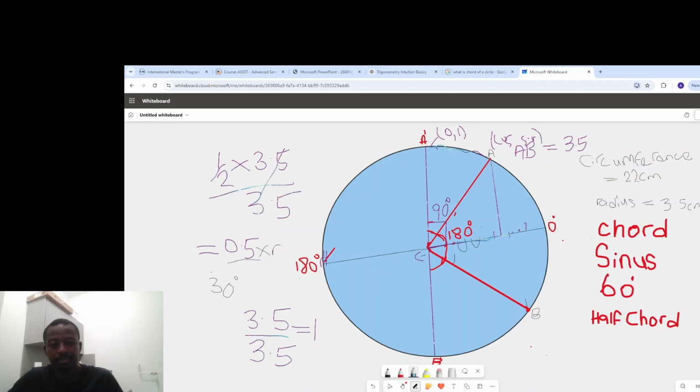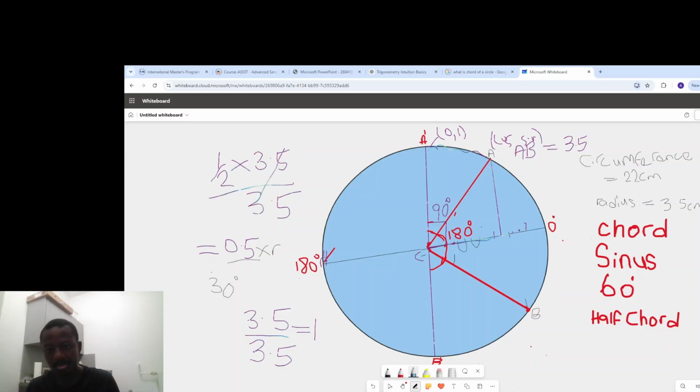To recap, we have learned that sine is the ratio of the distance between a point and the horizon to the radius of the circle.